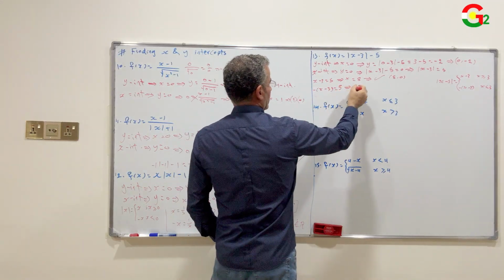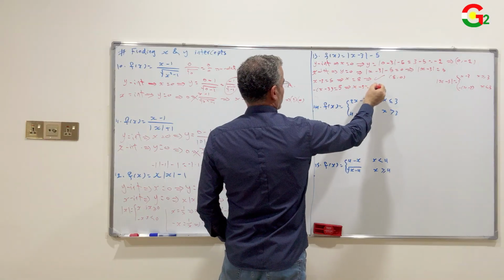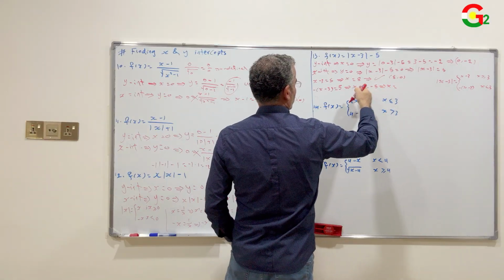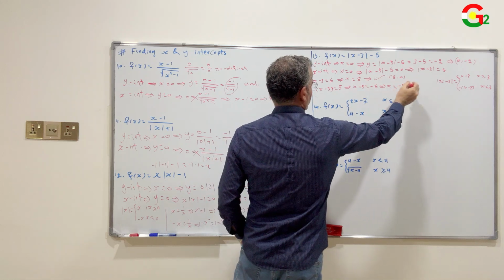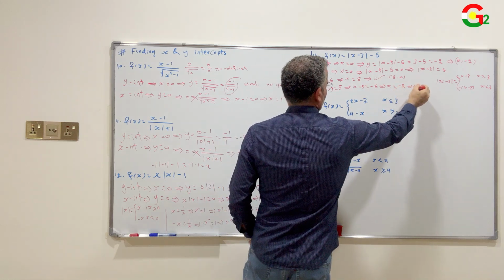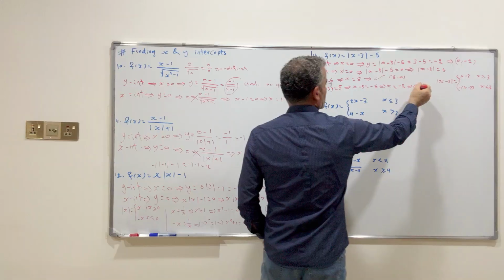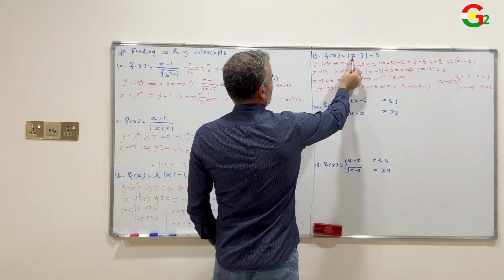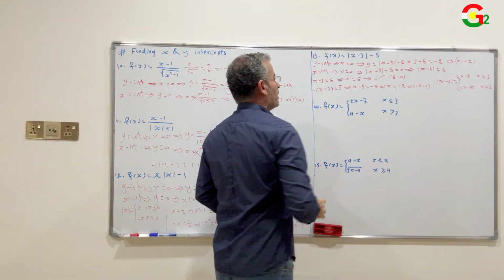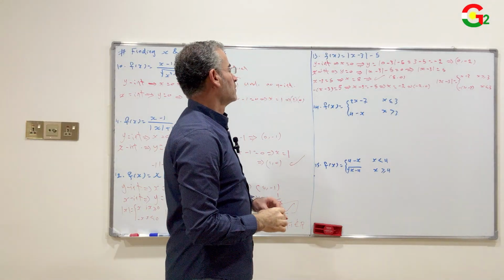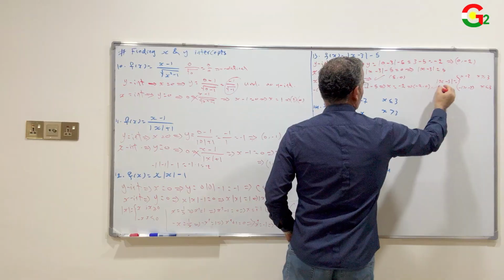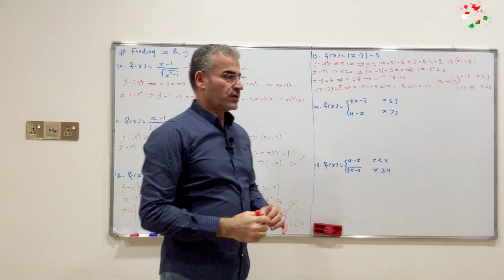Multiply both sides by negative: x minus 3 equals -5. Then x equals -5 plus 3, which is -2. Then the x-intercept point is (-2, 0). Let us check it. -2 minus 3 is -5, absolute value of -5 is 5, 5 minus 5 is 0. It is an x-intercept point.